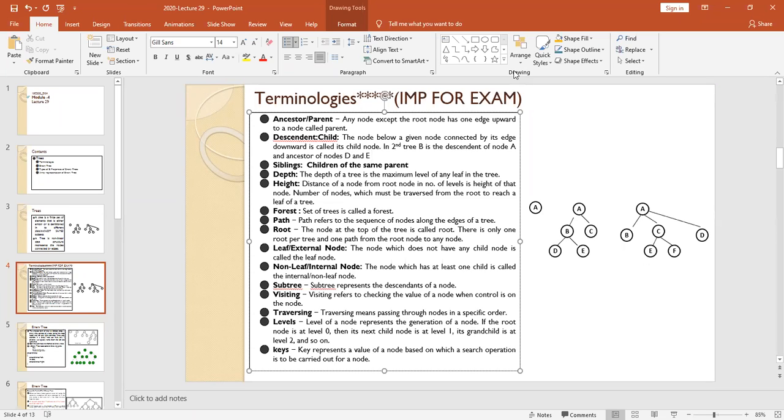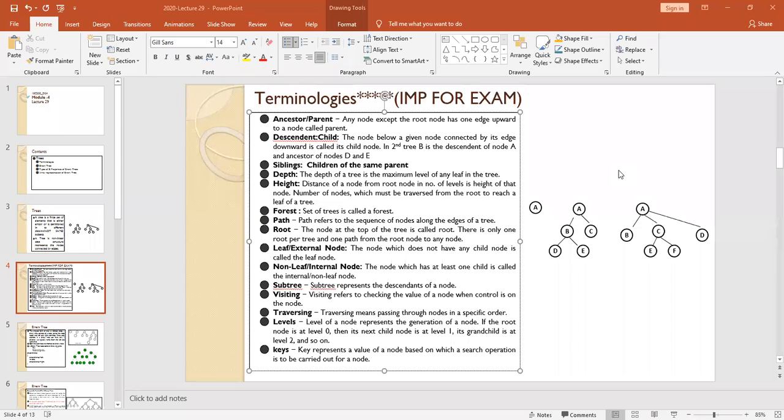So now you answer: what are the siblings? Go to the third diagram. Under the third diagram, what are the siblings? The siblings are B, C, D. Okay.